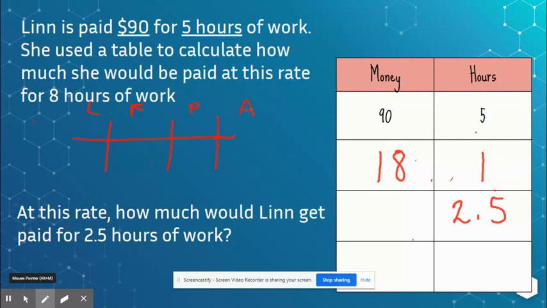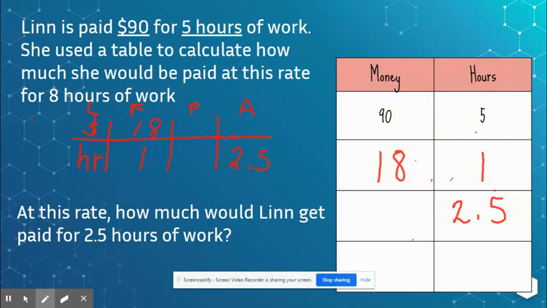Okay, so our label is money to hours. What fact do we have? Well, we have our unit. She makes $18 for 1 hour. All right, and so we want to know 2.5 hours. So we put it over here.